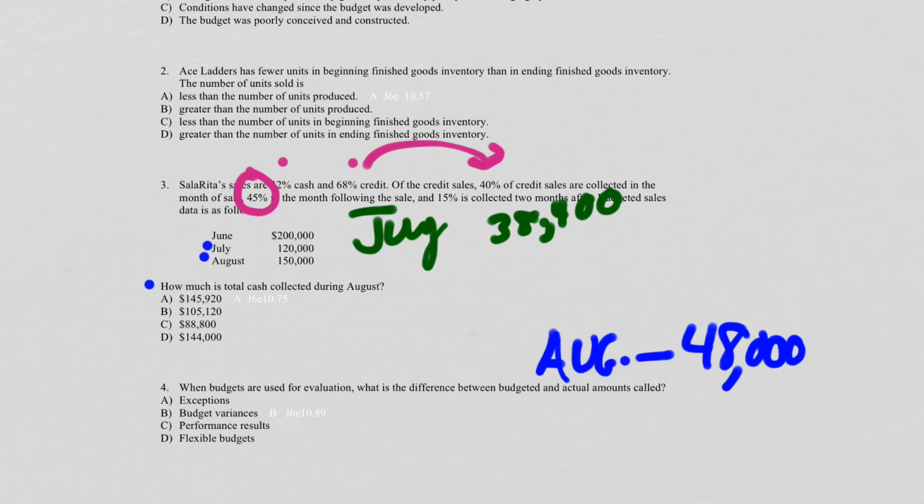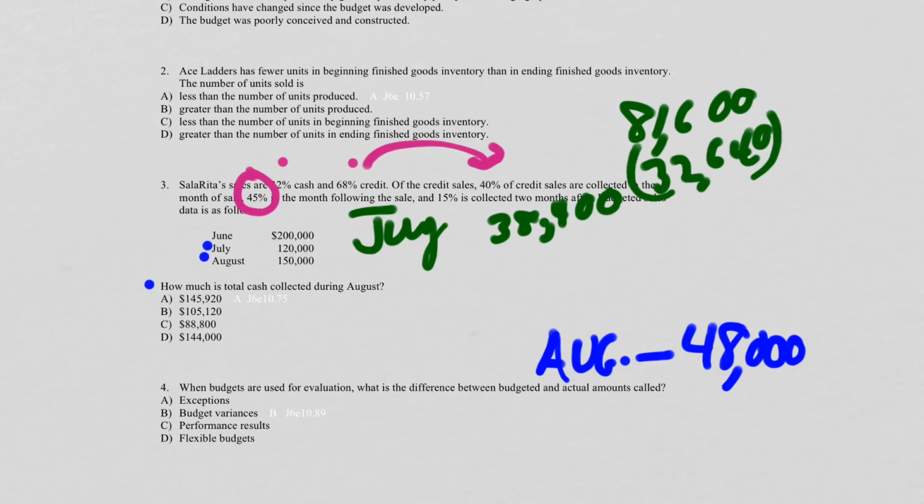Of the remaining amount, which would have been 68%, or 81,600, 40% of it was cash collected in the same month, meaning July. So we take 40% of 81,600, which is 32,640, and that was collected in July. 45% of this number was collected in August. That's what we're really interested in.